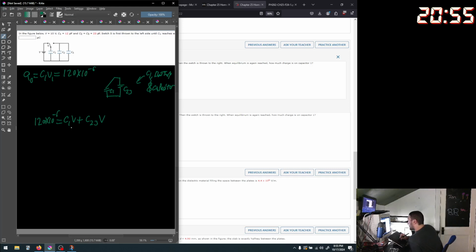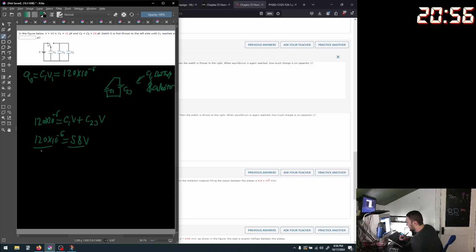And we're going to have C1 and then C23. So I'm going to rewrite this: 120 times 10 to the negative 6 equals, C1 is 12, and then C23 is going to be 23 times 2, because they both equal 23. So it's going to be 46. So it's going to be 12 plus 46, V, which is 58. This is going to be 58V.